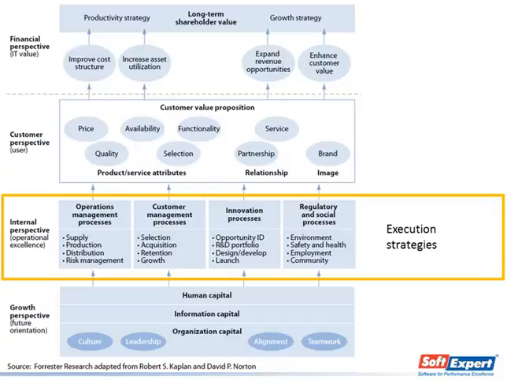The internal process perspective. The shareholder value and the customer value proposition are the outcomes an organization expects from its strategy. However, these outcomes depend on execution, and that is where many organizations fail. Developing a strategy and its associated outcomes is the easy part.